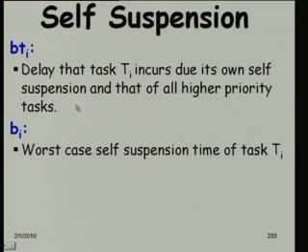So, let us denote these two delays. One is the delay the task Ti incurs by its own self suspension and also that of all its higher priority tasks, we will denote it by Bti, and Bi is the worst case self suspension time of the task Ti.